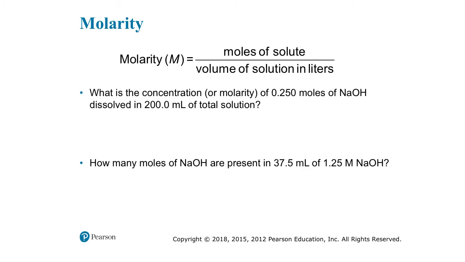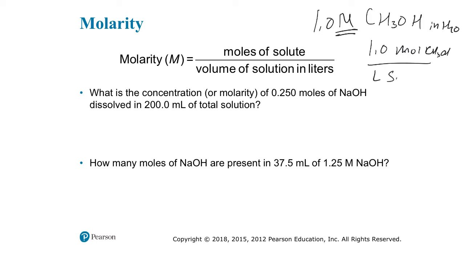One of the last topics in the chapter deals with the concentration unit of molarity and then some concentration problems. Molarity is just moles of solute divided by volume of solution. So if I have a 1.0 molar solution of methanol in water, that means I have 1.0 moles of methanol present per liter of that solution.